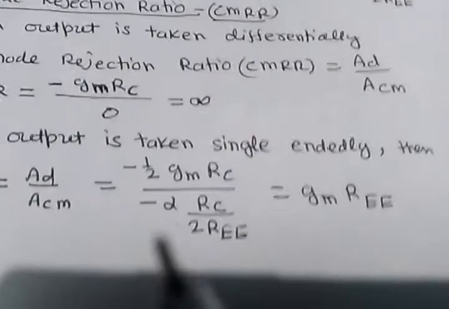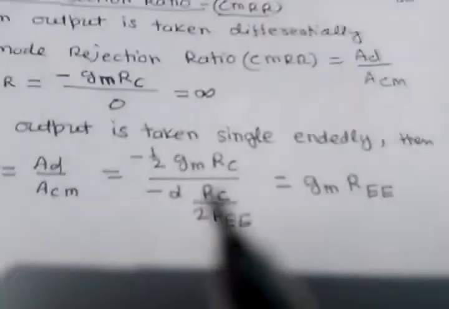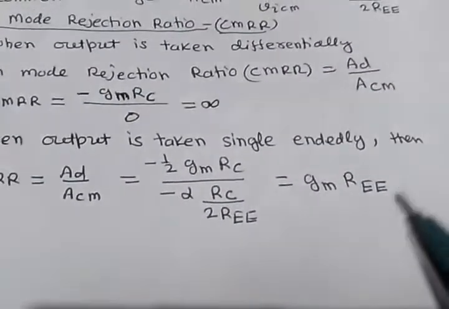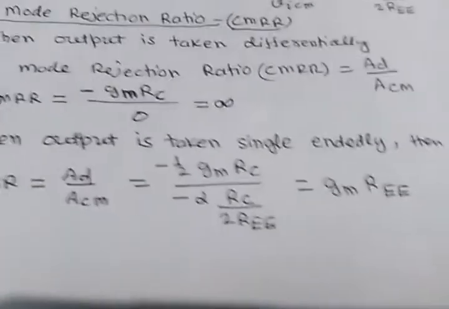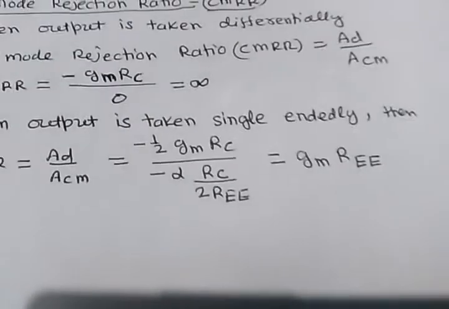We can ignore alpha because the value of alpha is very close to 1. So CMRR can be written as gm REE. So in this way we can find the expression for common mode rejection ratio of a differential amplifier using BJT.